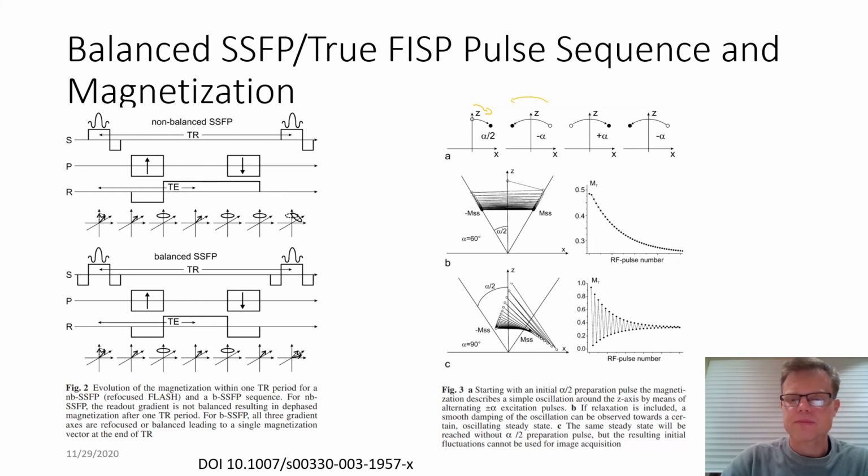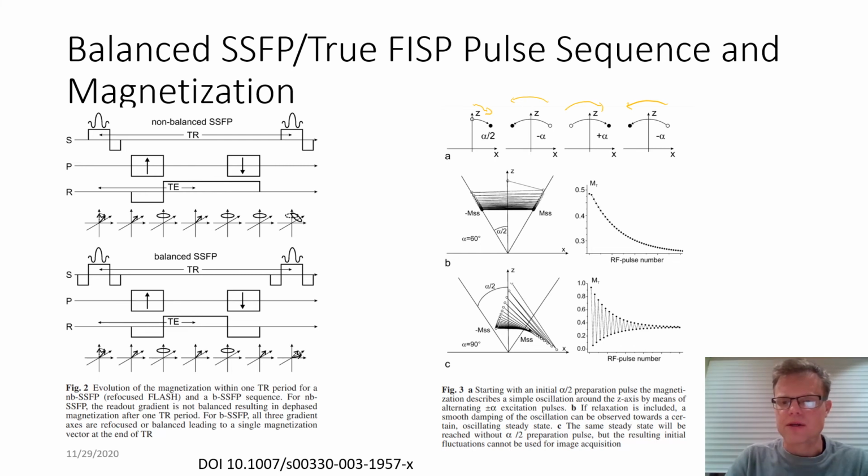They'll come back here, and then flip with a positive alpha, so you flip the magnetization back and forth. And then what part B is adding is that as you're doing this, you're going back and forth on this cone.